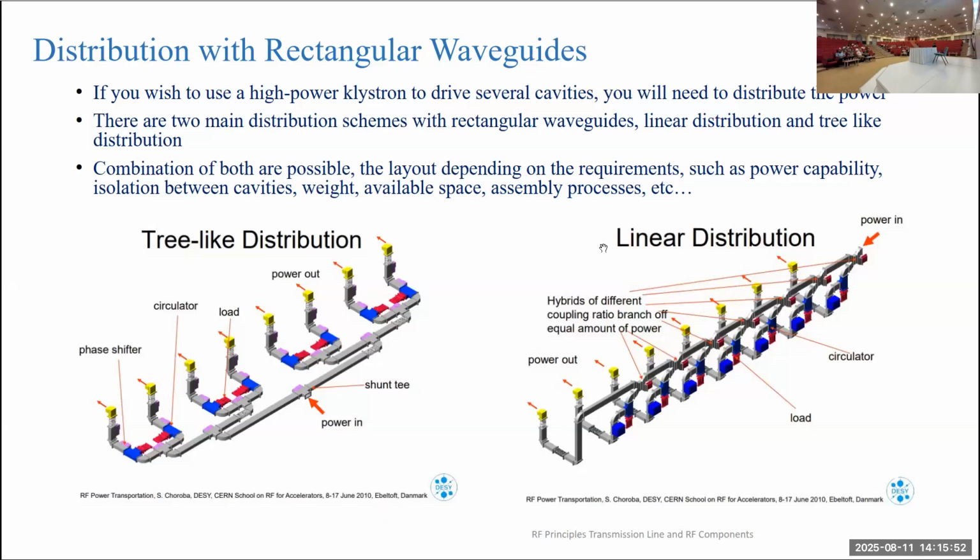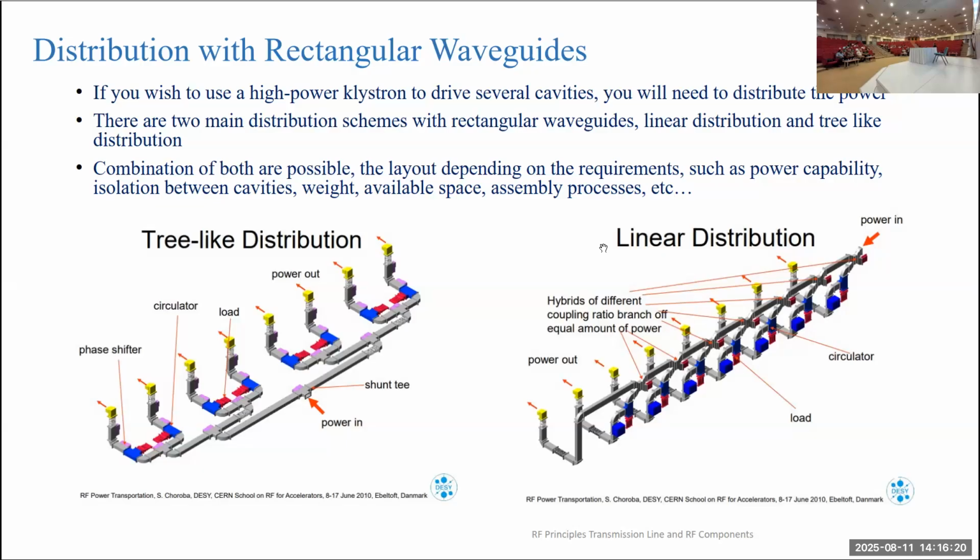So this distribution of RF power can be any sort of distribution. It can be tree-like, it can be linear. And one important thing to note is that if you are distributing your RF, you need a circulator at the entry of every RF source.